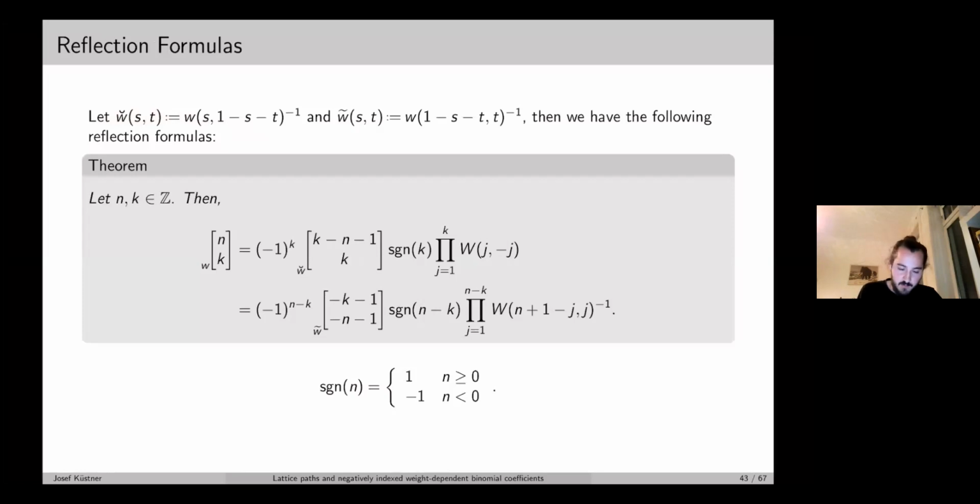We again have to introduce some rather complicated reflected weights, and then we have the same reflection formulas again. Here we have the reflected weights, and we have to multiply the whole thing with some big weights. So it's still working. It's a generalization, but it's a little bit more complicated, a little bit more to do.